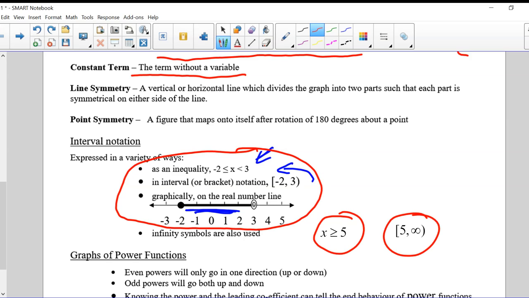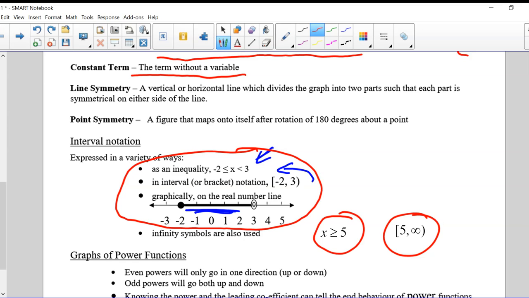Okay, you're talking about square brackets on the 5 and the infinity. You never, and I want to make sure I repeat this, you never ever put a square bracket on infinity, because infinity is not a number. Infinity is this abstract concept. Whenever you're putting a square bracket on one side of an interval, you're saying that it's at that particular number.